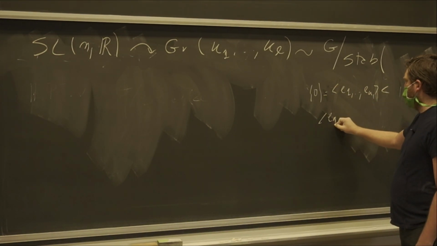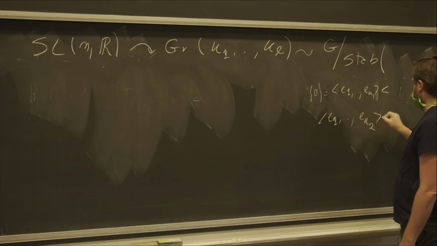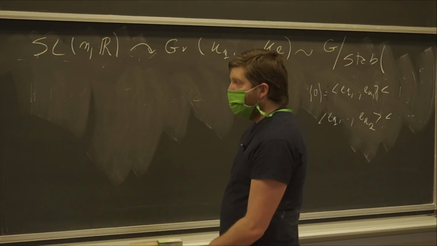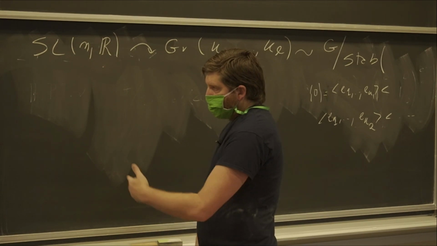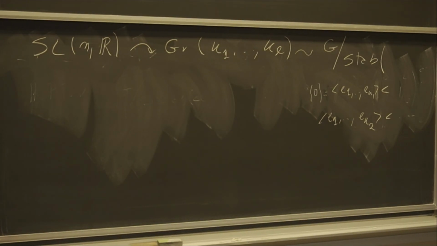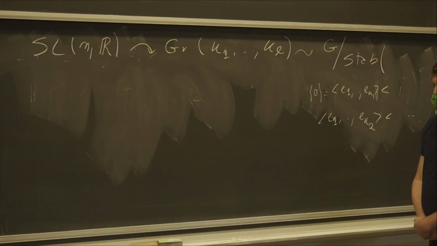Then you do E1 up to EK2, and so on. So this is the most natural flag, which in the case of the complete one, like here, what you are doing is just doing one step each.